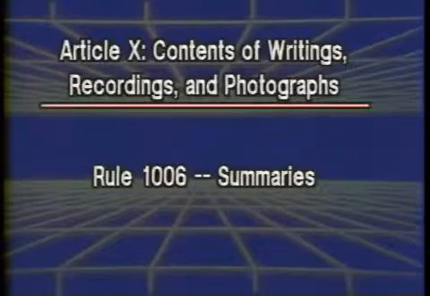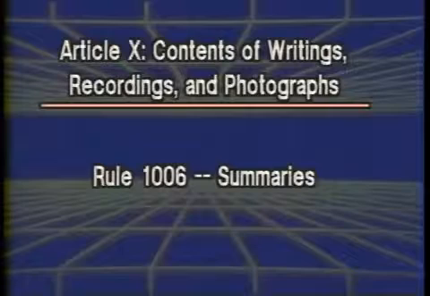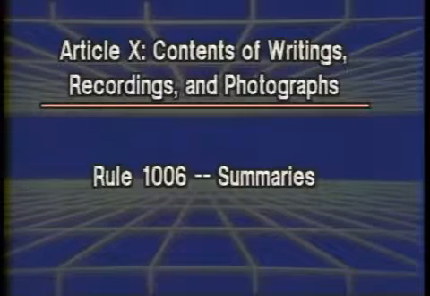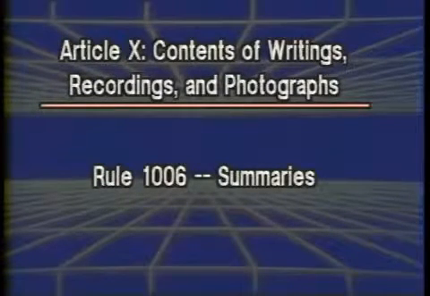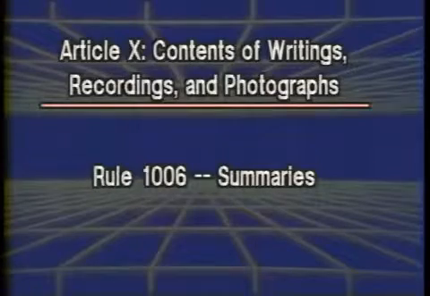Now, I want to call your attention particularly to Rule 1006, which offers a practical procedure for proving contents of a large volume of documents. A chart or a summary of the contents of these writings is prepared. The chart, of course, must be authenticated under Rule 901.